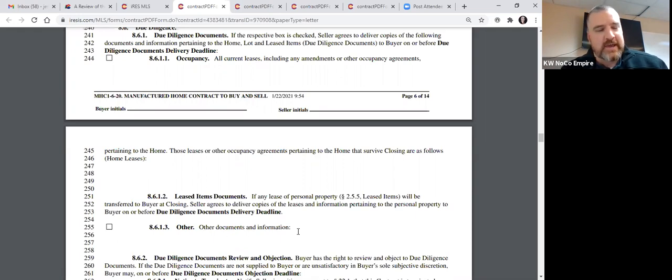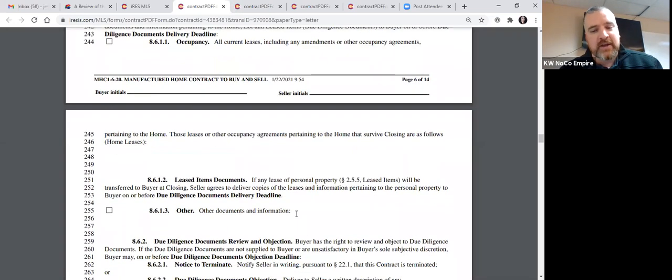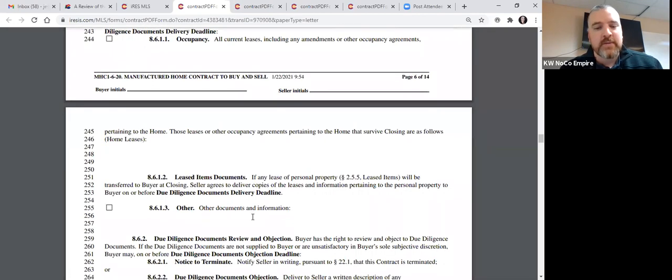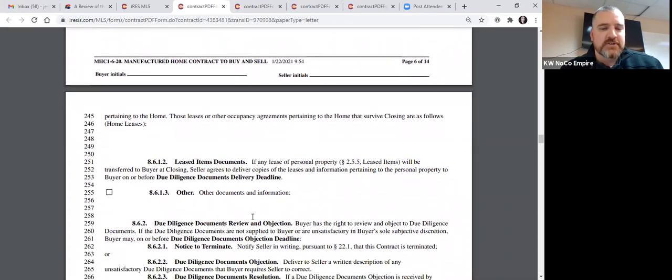Maybe your buyer theoretically could object to the owner's manual on the oven if there was something in there they didn't like, but 99.99% of people are not going to object to any owner's manual related stuff. You don't need to ask for those things as due diligence documents. So just something to consider.